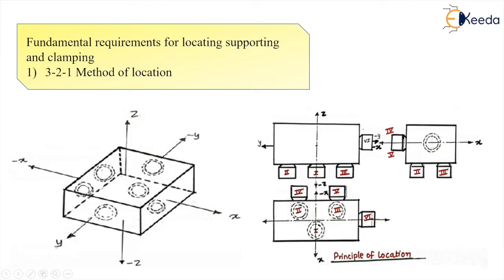So in the negative z direction the component is not translating. Because of only placing these three pins below this component, we have restricted one translational movement as well as four rotational movements along x and y axis. So just by the introduction of these three pins, we have arrested 5 degrees of freedom.